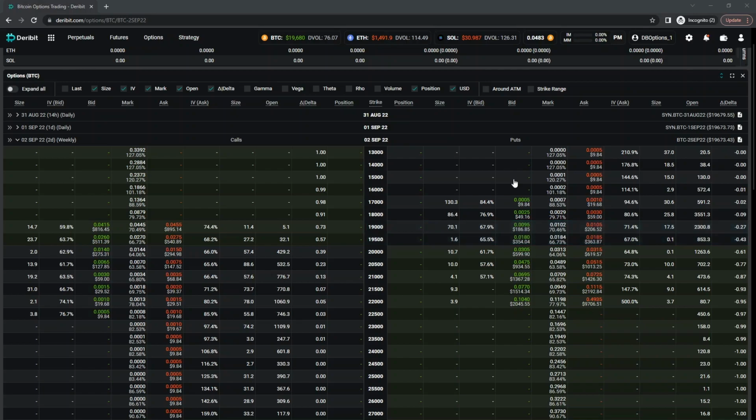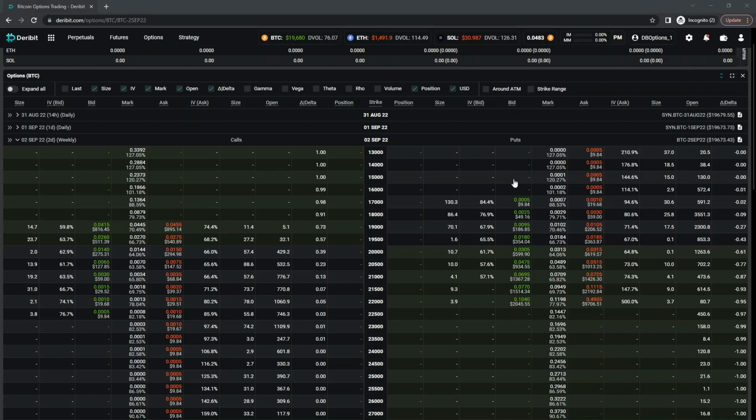For the $19,000 put, we can see a best bid of 0.0095 and a best ask of 0.0105. For the $19,500 put, we can see a best bid of 0.018 and a best ask of 0.0185. The resulting bid-ask for the put spread is then 0.0075 by 0.009.